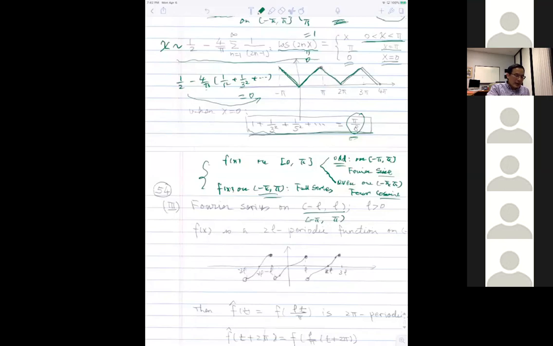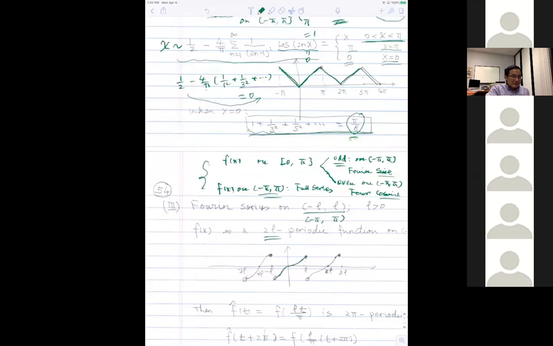Again, in this case, we extend it to a periodic function with period 2L, since L minus negative L is 2L. You move the graph to the right or to the left 2L units at a time.